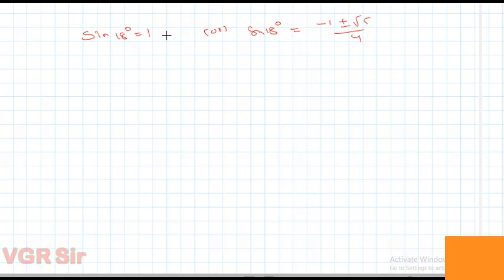The important thing here is that sin 18 degree is never equal to 1, because sin 90 degree is 1. How can sin 18 degree equal 1? That's why I write here, sin 18 degree is never equal to 1 since sin 90 degree equals 1. So this result is rejected.